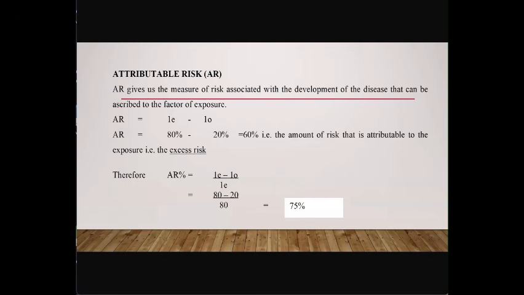So if the person develops the disease, at times we do not ascribe the entire development to that exposure factor. It is possible that the person was exposed, quite all right, but because the person also suffers from maybe a disease like diabetes, which lowers his immunity, he succumbs to cancer very fast.